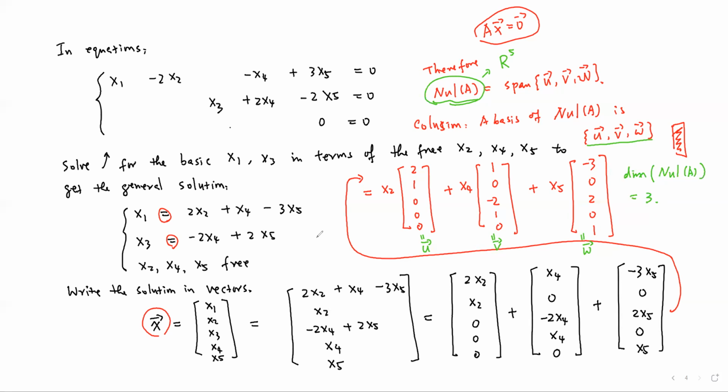And also from this example, we can see that the number 3 actually is the number of free variables, or in other words, the number of free columns of matrix A. From this example, we see that the dimension of the null space is equal to the number of free columns.